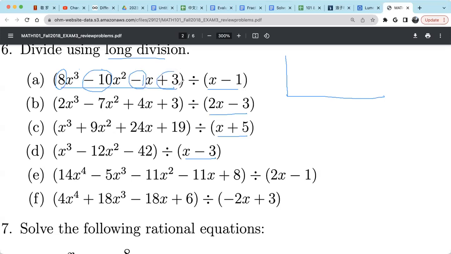Then the constant. So we're going to write down those numbers inside here. So 8, leave a little space. -10, leave a little space. -1, leave a little space. Then 3. I don't know why this dot comes. I don't need a dot. This dot just comes out by itself automatically.